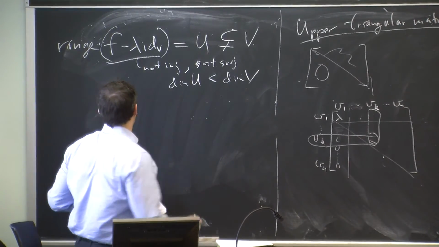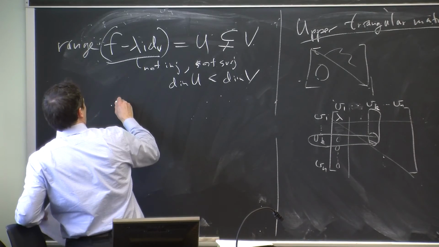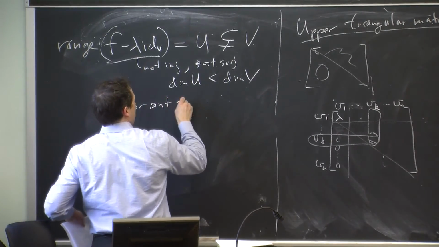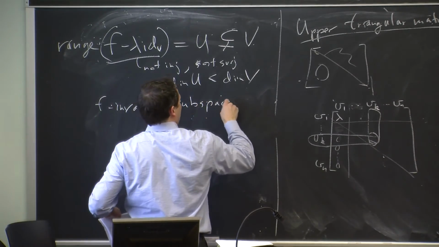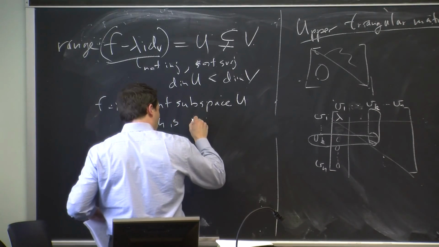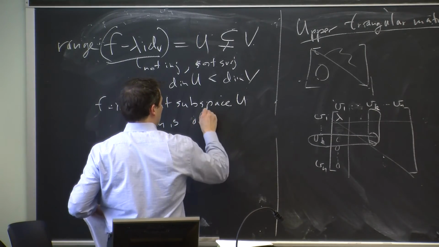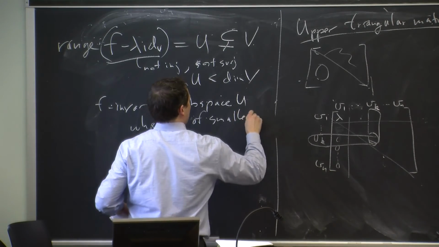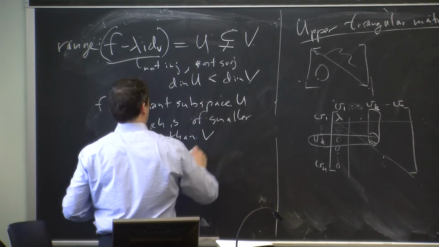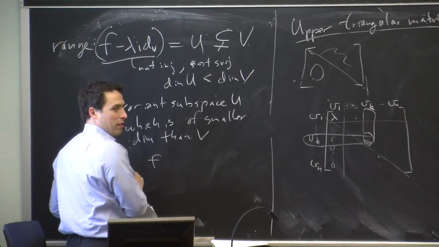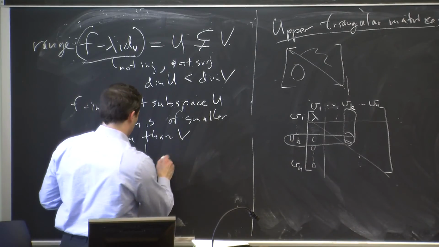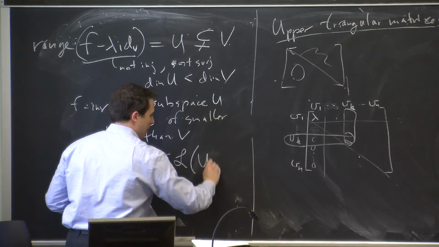Great. So what do we have? We have an F-invariant subspace U, which is strictly smaller, of smaller dimension than V. So we can consider our map F, our linear transformation, restricted to U. It sends U back into U, and that's just a linear transformation from U to itself.